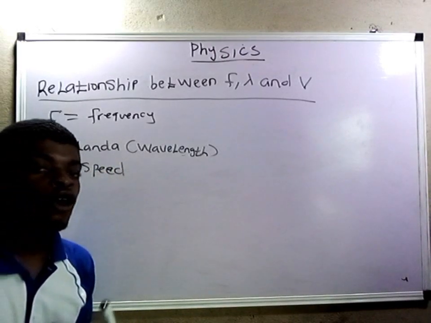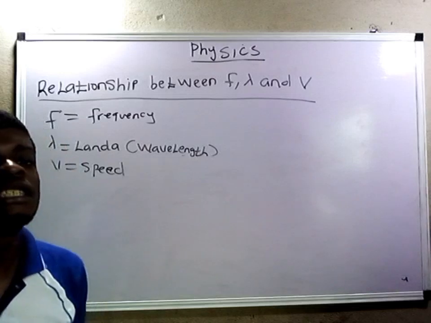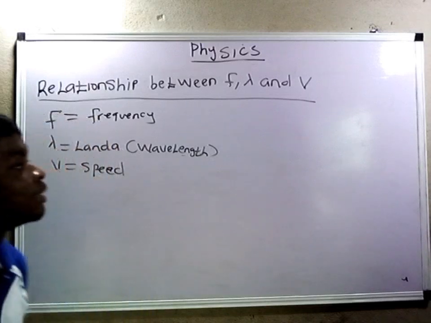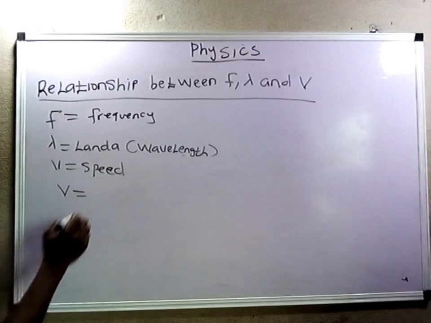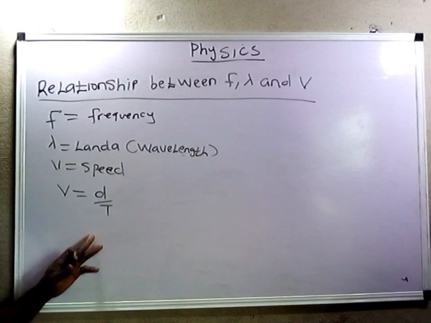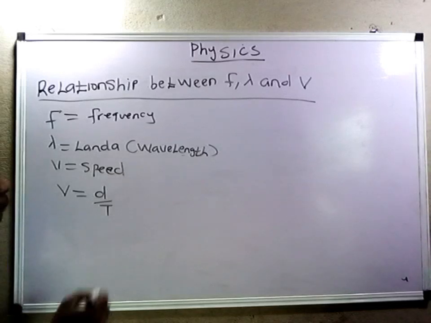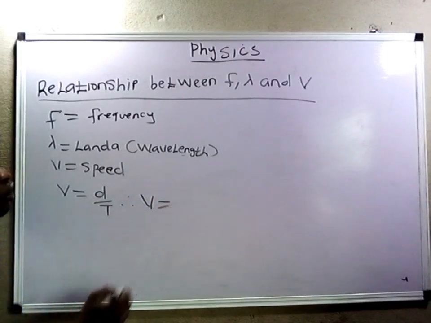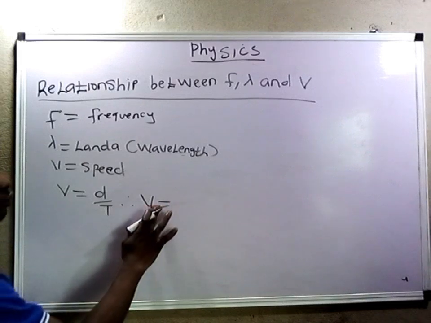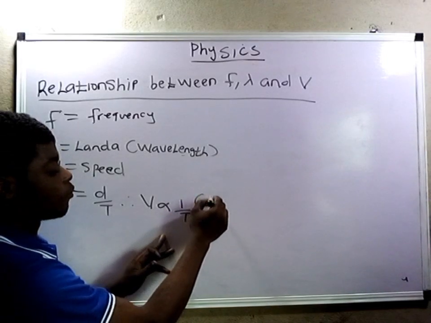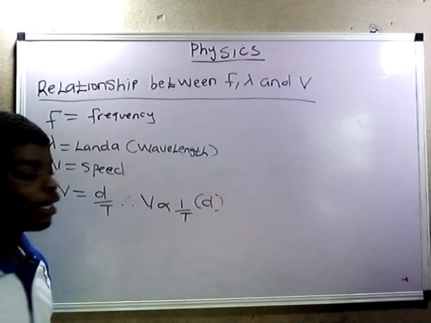You know that from motion, we define velocity as the change of distance, displacement, with time. So let's say your velocity is equal to change in displacement with time. By breaking this down, V is inversely proportional to 1 over t, that is the time, by making d the constant.